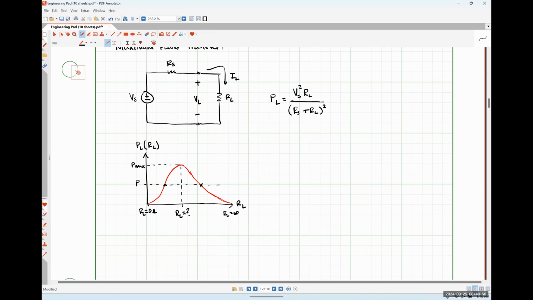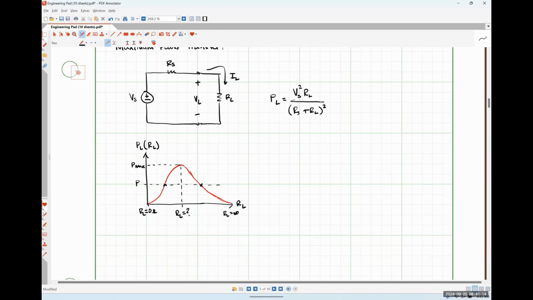So I have a function, and I want to figure out at which value its maximum value occurs. How do I do that? Take the derivative and set it equal to 0. Absolutely right.